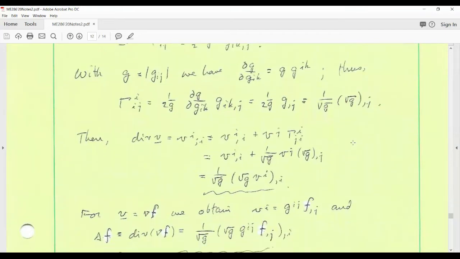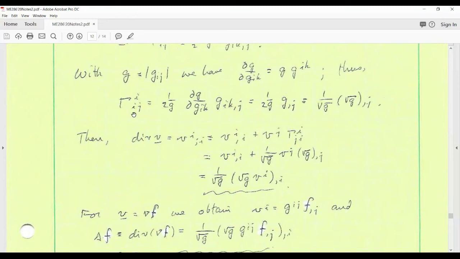Okay. With this in hand, now we can have a simple formula for the divergence of the vector field. Remember that was v super i semicolon sub i. If you look back at the formula for this covariant derivative, you put the superscript and the subscript the same, i, you will get the gamma with i upstairs and downstairs, which we've just computed.